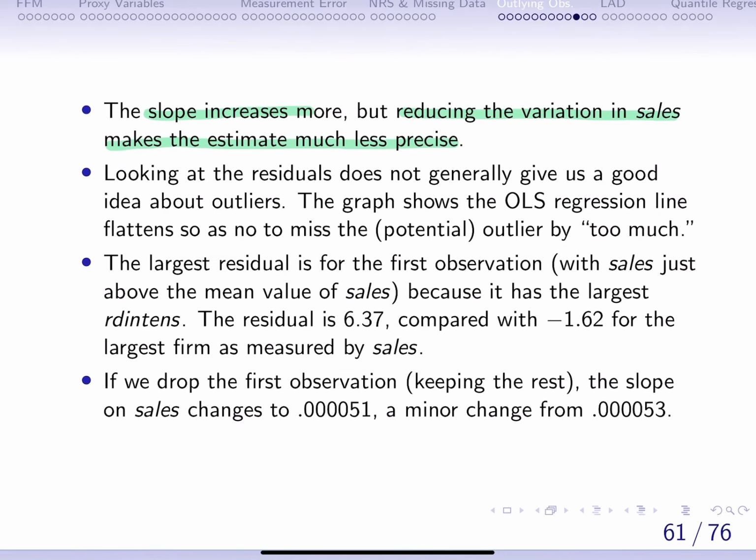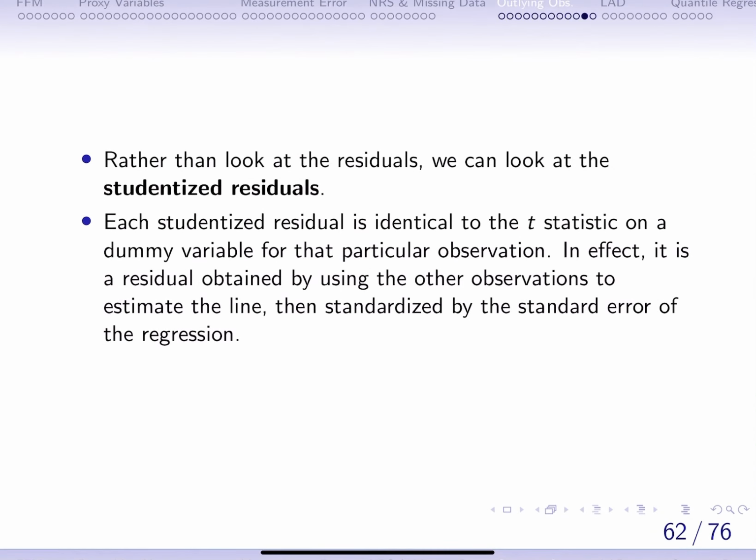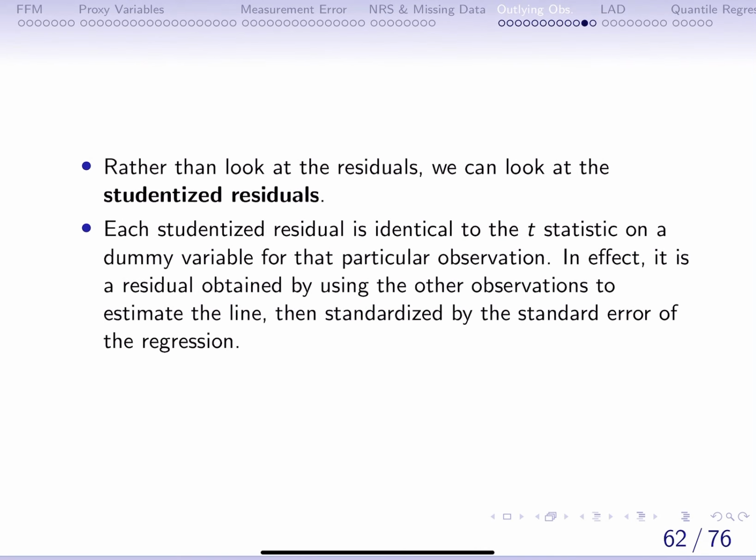You can read about this a little bit, but there are also some other types of residuals that we can look at, which are called studentized residuals, and these are identical to the t-statistics on a dummy variable for that particular observation.